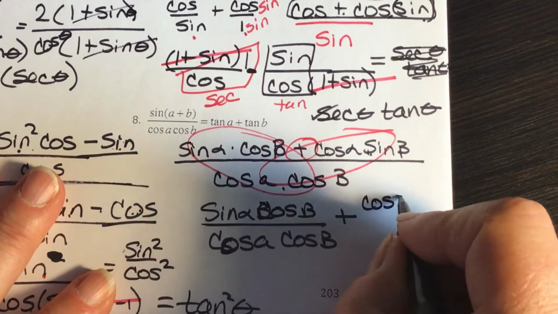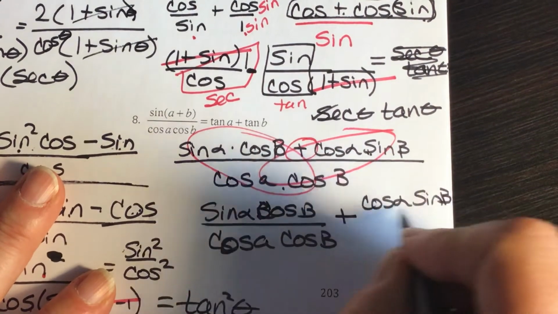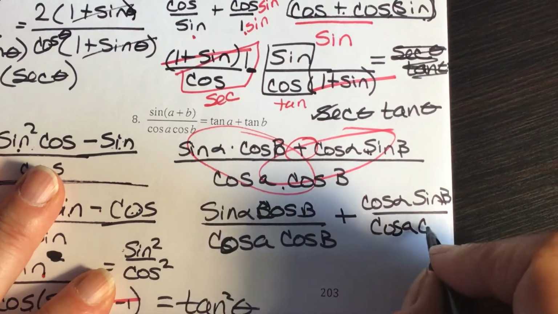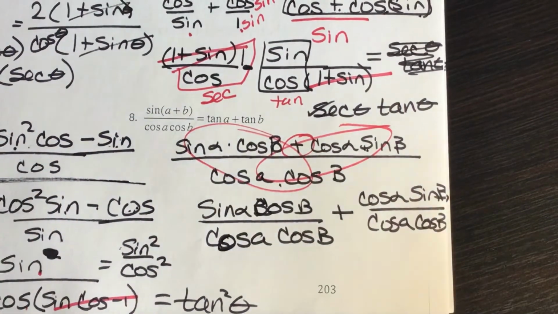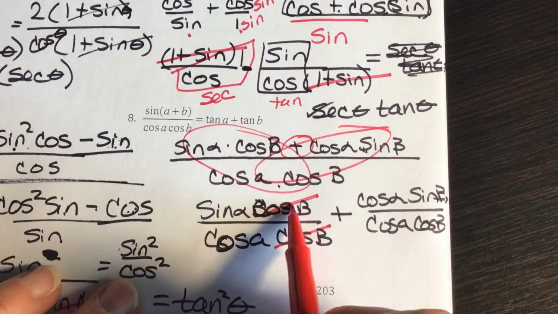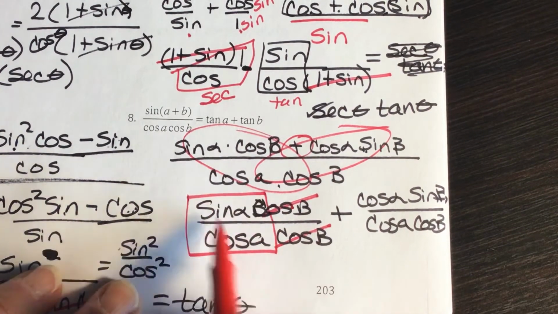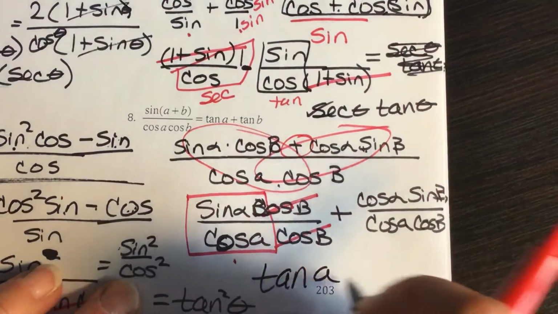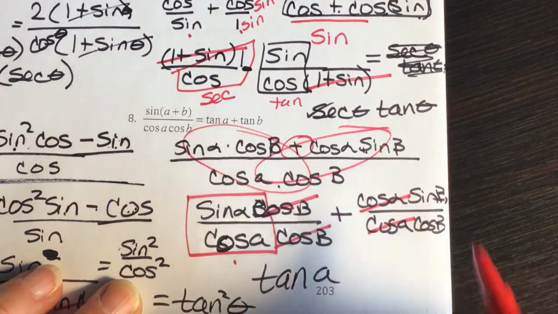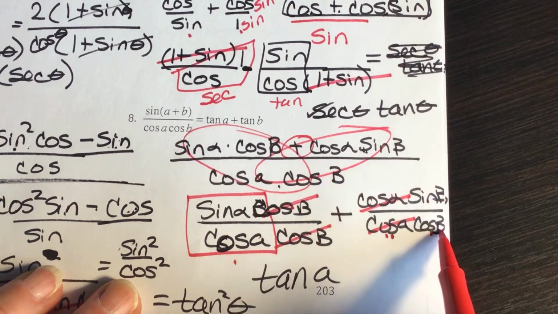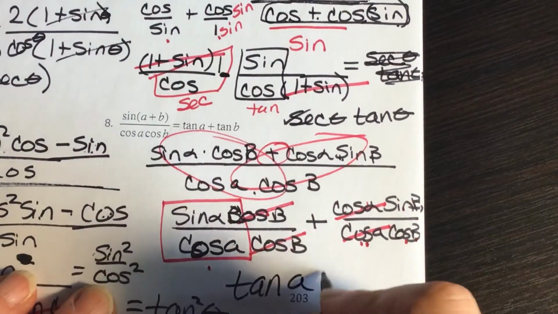So cosine A sine B over cosine A cosine B. All right, so what this looks like is my cosine B's are going to cancel here. So I have sine A over cosine A, and that's going to be tangent of A. And over here, my cosine A's cancel, and I have sine over cosine of angle B. So that's plus tangent of B.